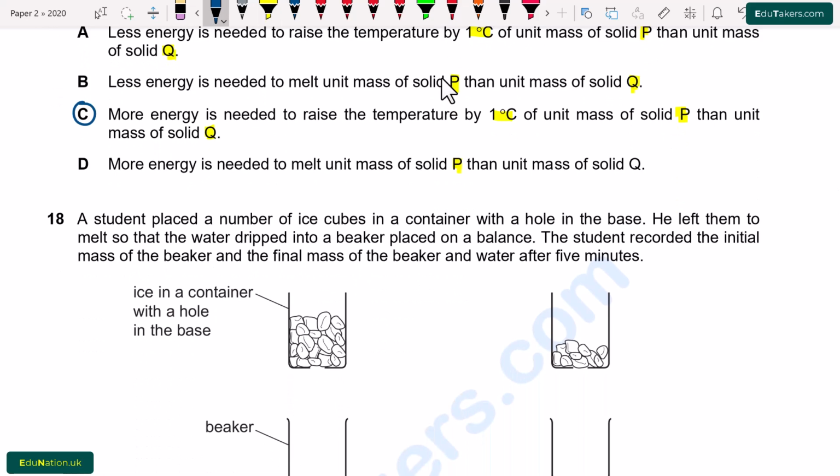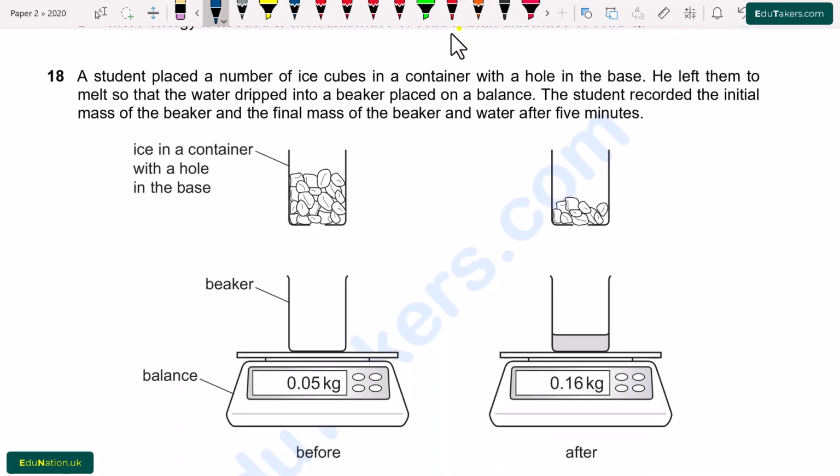Question number 18. A student placed a number of ice cubes in a container with a hole in the base. He left them to melt so that water dripped into a beaker placed on a balance. The student recorded the initial mass of the beaker and the final mass of the beaker and water after 5 minutes.